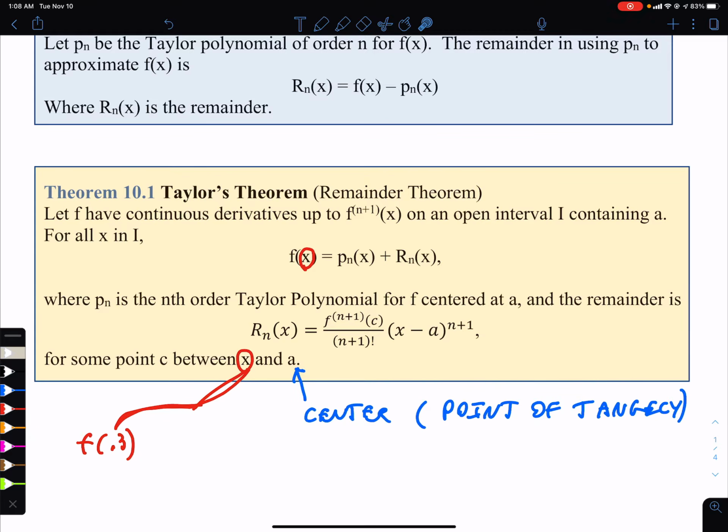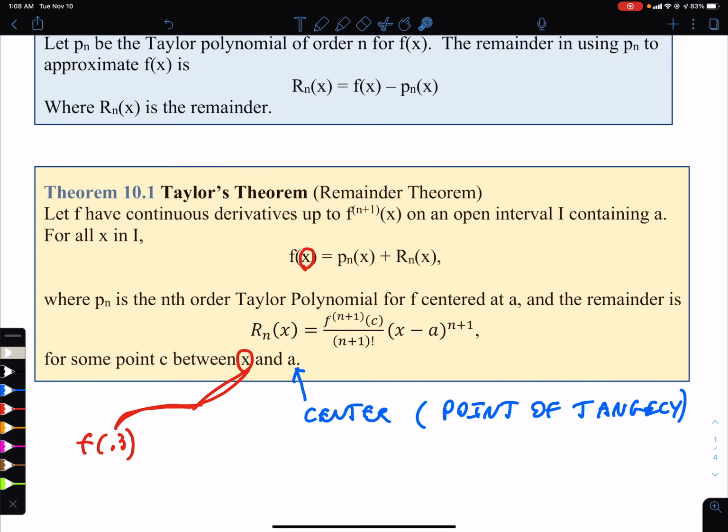It's going to depend upon what you're asking for. I'll make up some values here for you. Say this was 2, and that's a 2, and that's a 2. So the error for f at 2 would mean your x here is 2. Now your center is still a, whatever that happens to be for the problem.